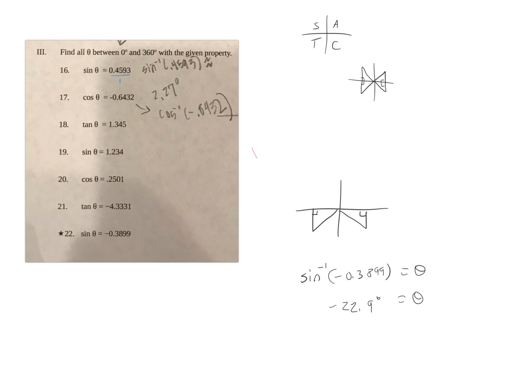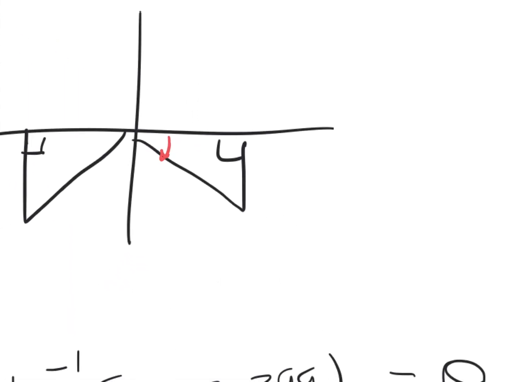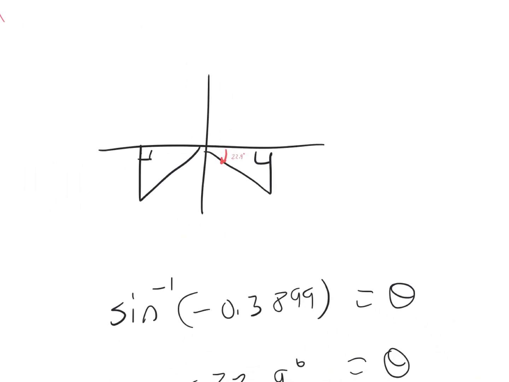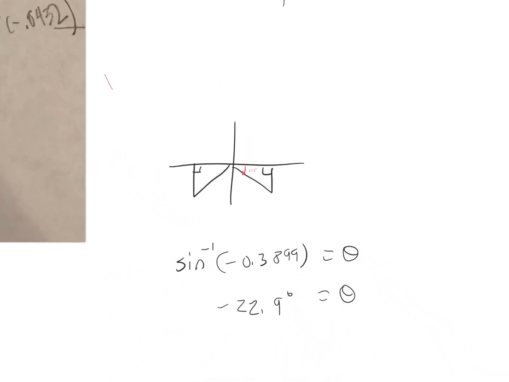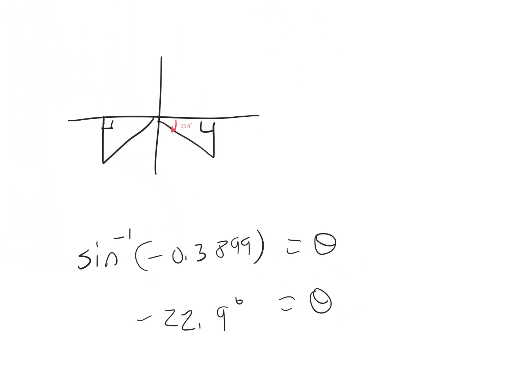Now once again, we're being given a negative angle, which means that it's communicating to us that we would be going down 22.9 degrees there. However, according to the directions, we want angles between 0 and 360. So we're going to have to figure out what they call coterminal angles.